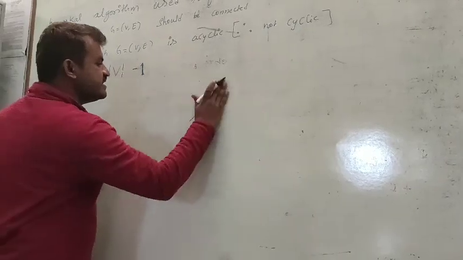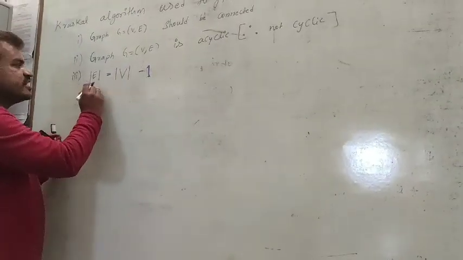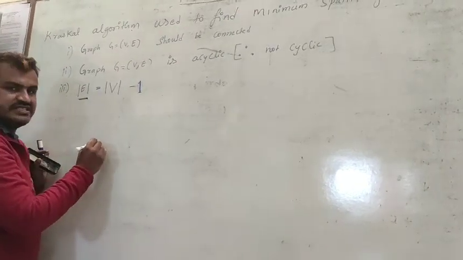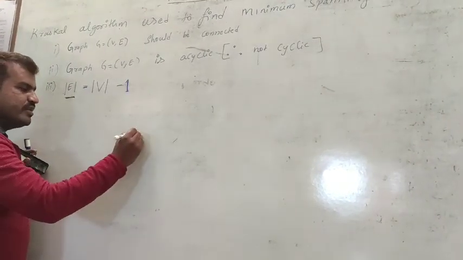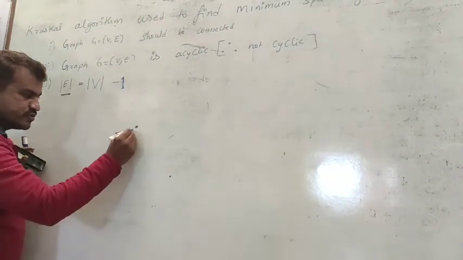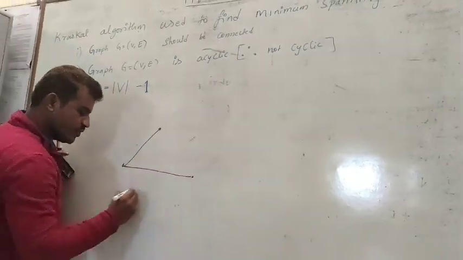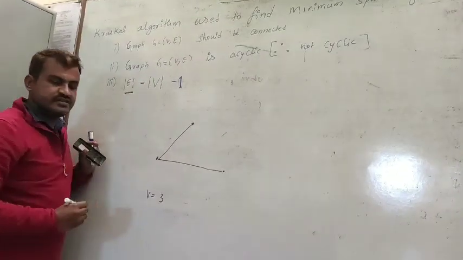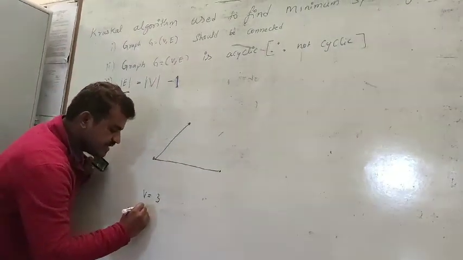The next important condition, the third one, is the number of edges. If you consider this graph, there are 3 nodes, so the number of vertices is 3. How many edges?